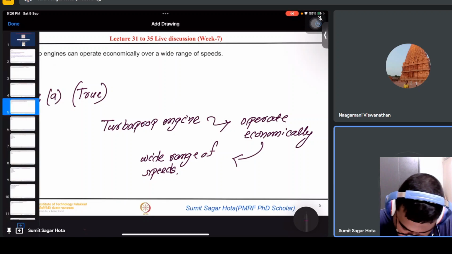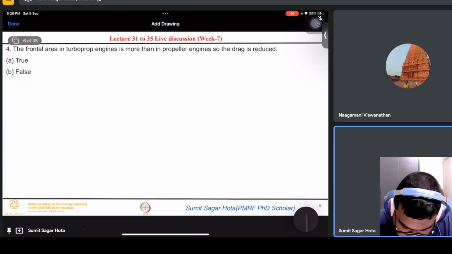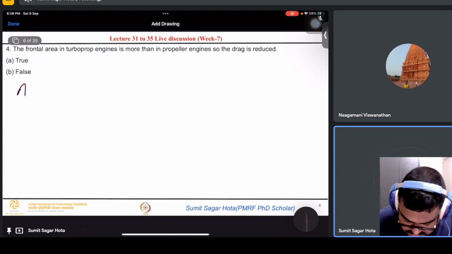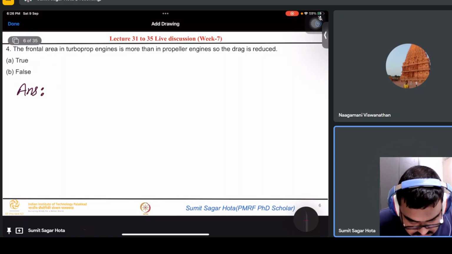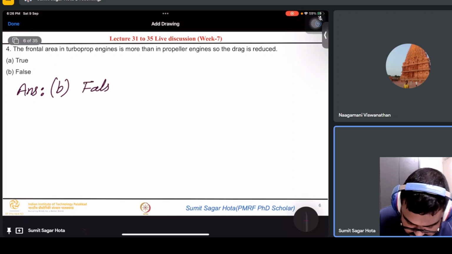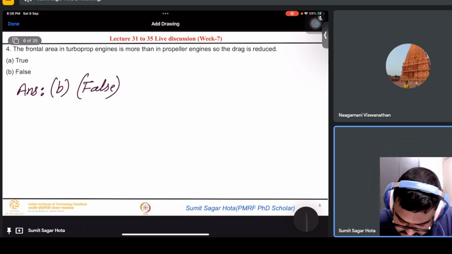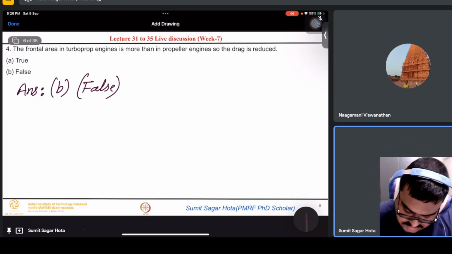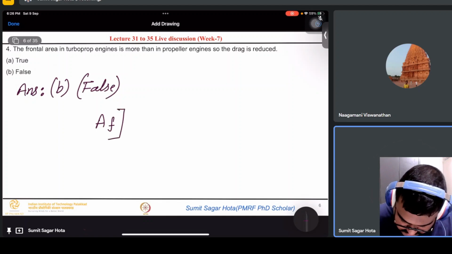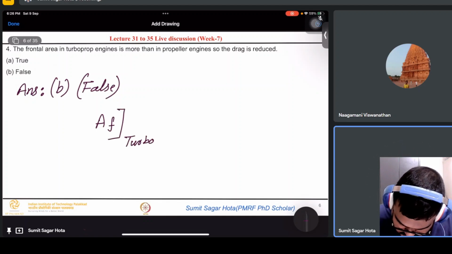Next question. The frontal area in a turboprop engine is more than in propeller engines, so the drag is reduced. Is it a false or true statement? The answer is B, which is false. Let AF be the frontal area of the turboprop engine.